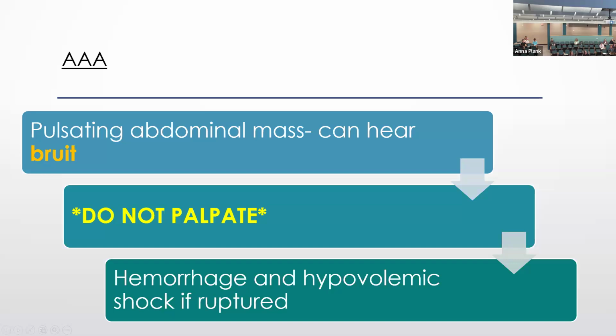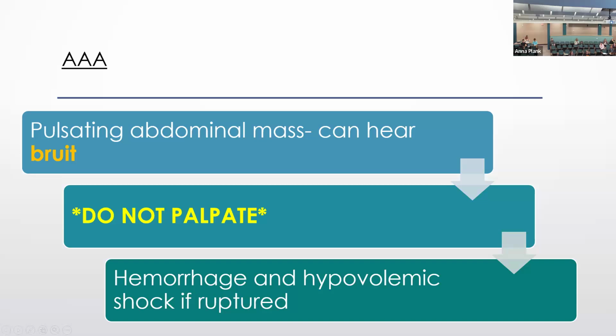If you do a good deep palpation, we pop it. So we listen first. If you hear a swooshing sound, right in the middle, we call that a bruit, and that is the blood, instead of just pumping from point A to point B, as it's churning in the aneurysm, you actually hear it kind of whooshing.